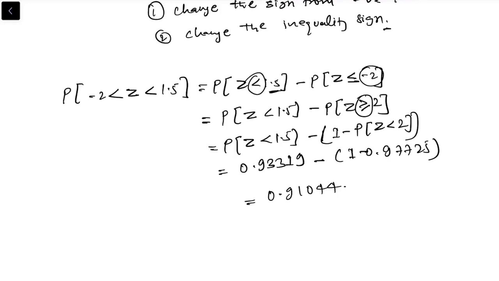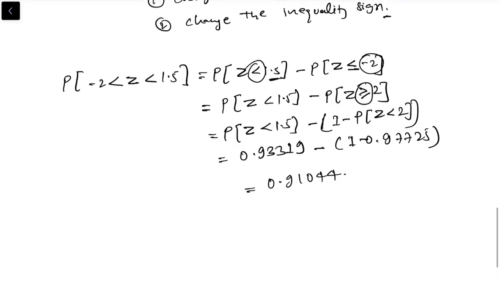But how do we calculate the probability of a normal distribution? Before that, let's look at how we convert normal into a standard normal. This is called standardizing, that is converting normal into a standard normal.